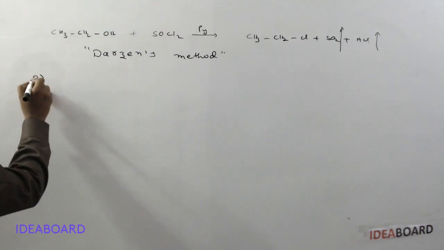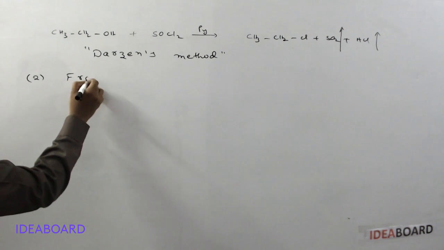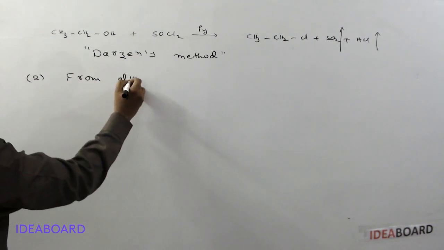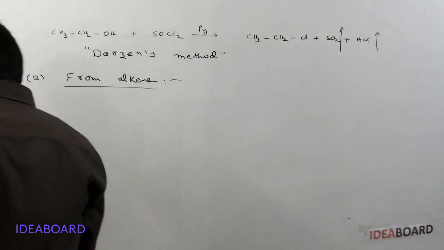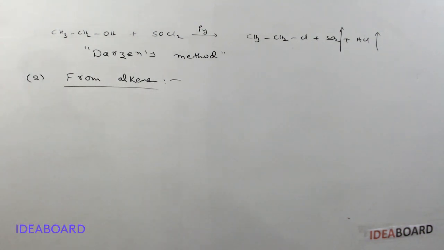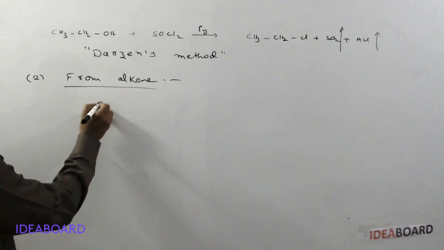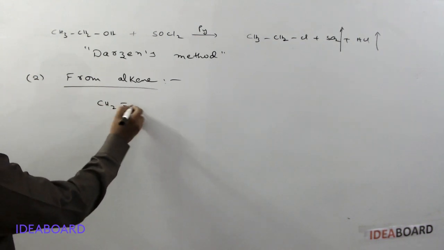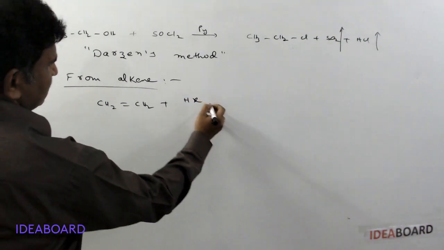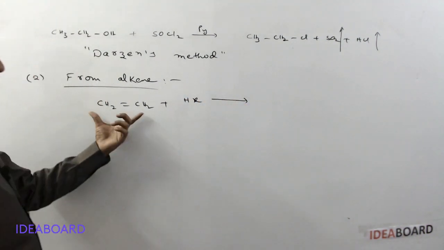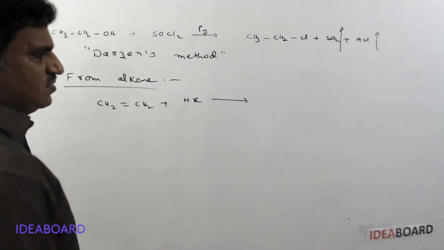And the next, second method is from alkenes: preparation of alkyl halides from alkenes. How can we prepare them? Generally, suppose we take an alkene, CH2=CH2 plus HX. This is called ethylene, reacting with a hydrogen halide.